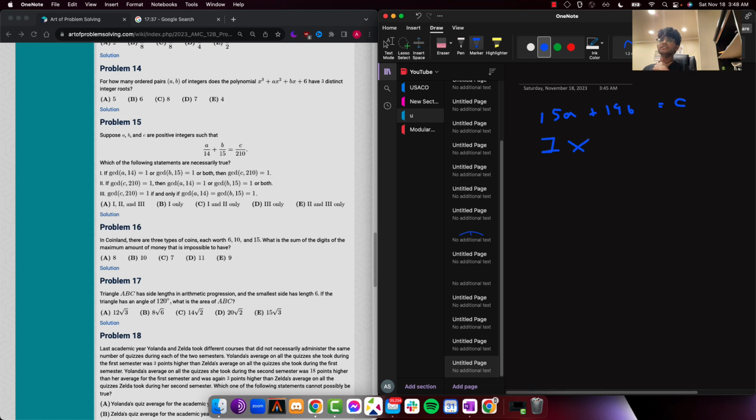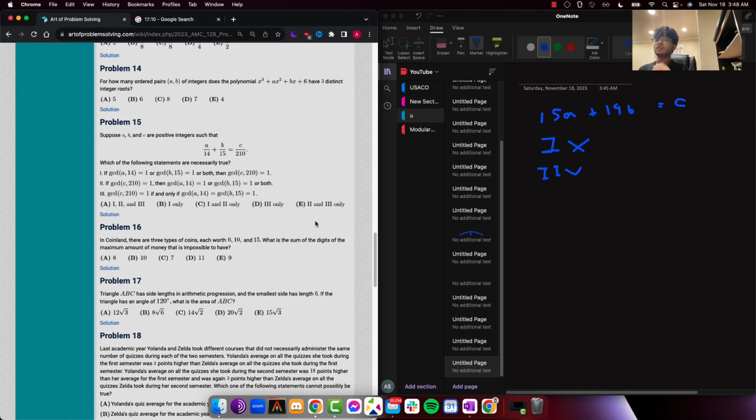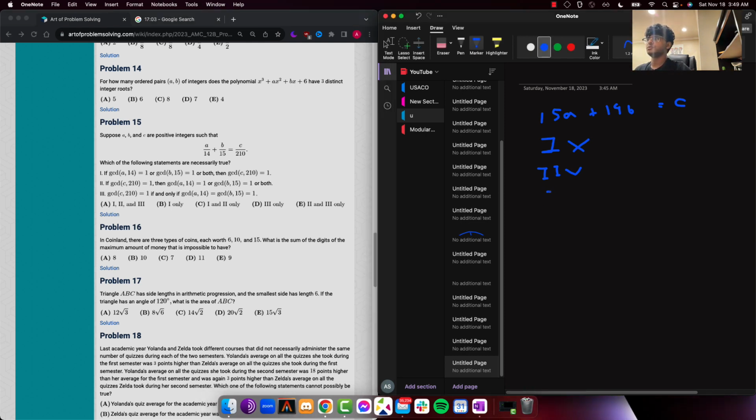If GCD(C, 210) equals 1, then this equals 1 or this equals 1 or both. Yeah, it's kind of the contrapositive, or I don't know if contrapositive is the right word, but it's like the opposite of the first one, and the opposite will work because if the GCD is 1, then the factors can't be shared, so 2 is definitely true. 3, it equals 1 if and only if both of them are 1, that's what I've been saying, so 3 is true for sure.